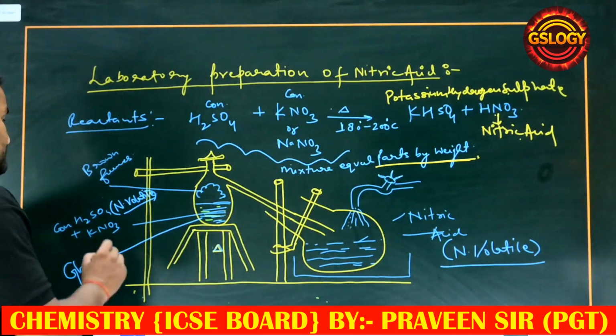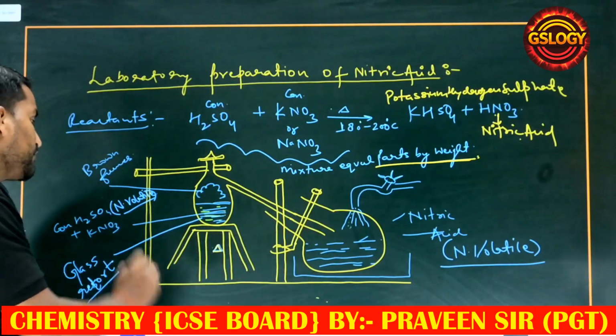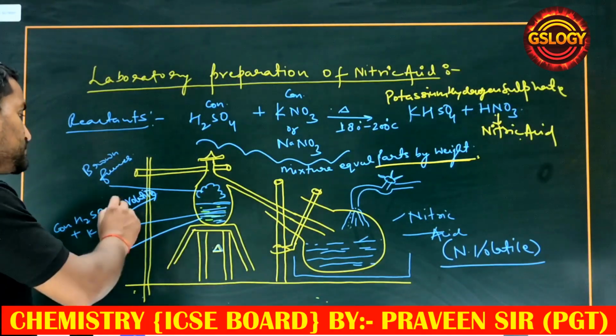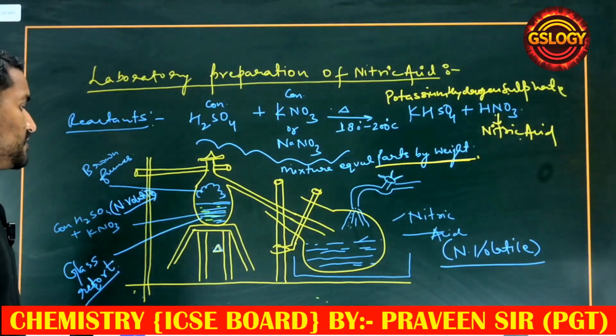The glass retort contains concentrated H2SO4, which is non-volatile, and potassium nitrate.